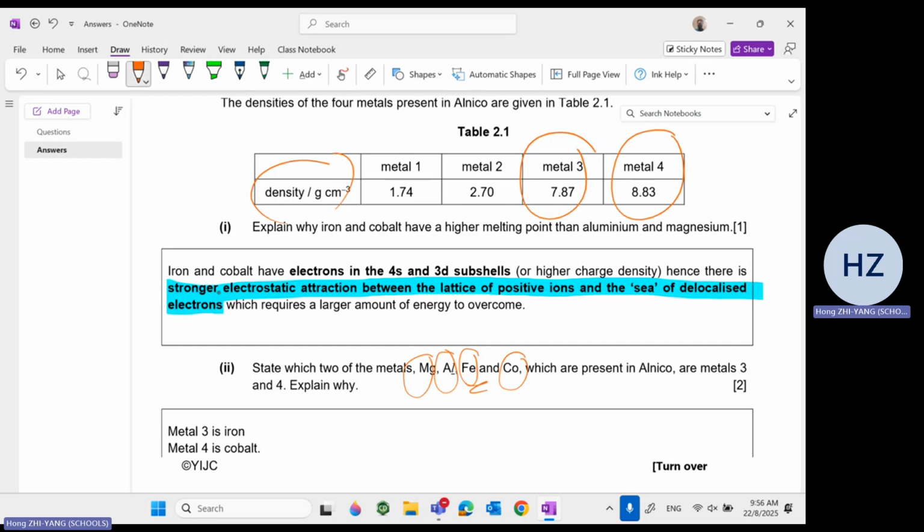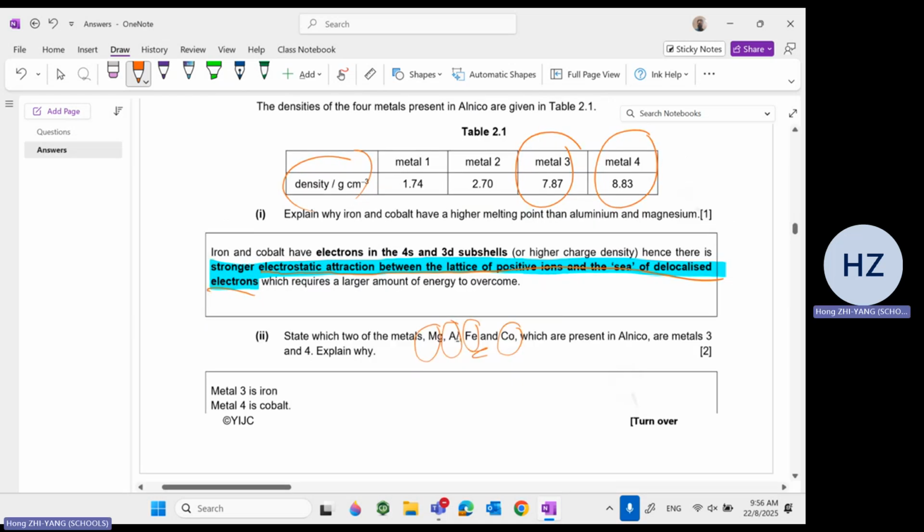Is your question, can I just use metallic bond to replace all this? Is it correct? If that is your question, the answer is no. You need to expand your description for metallic bond. So for YIJC, their metallic bond is between the lattice of positive ions and the sea of delocalized electrons, similar to ours also. So you need to expand your definition of metallic bond here. Okay, so that's my response here.